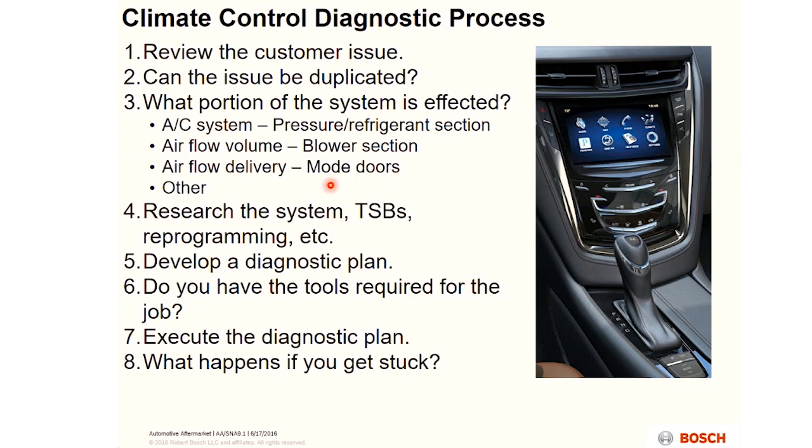Does it have an auxiliary air conditioning system? Does it have a factory air conditioning and heating and cooling system in the front, but in the back of the vehicle it's a hang-on air conditioning system for rear air? So you need to break it into sections so that you know which direction you want to go.